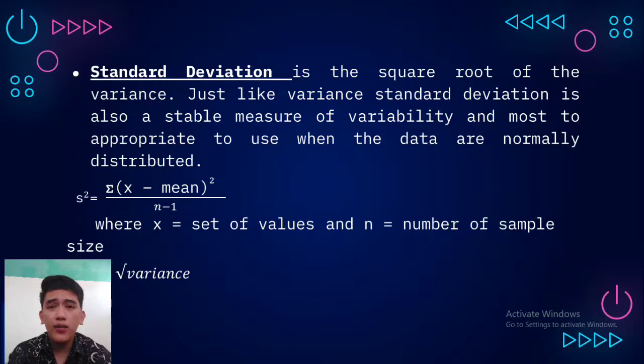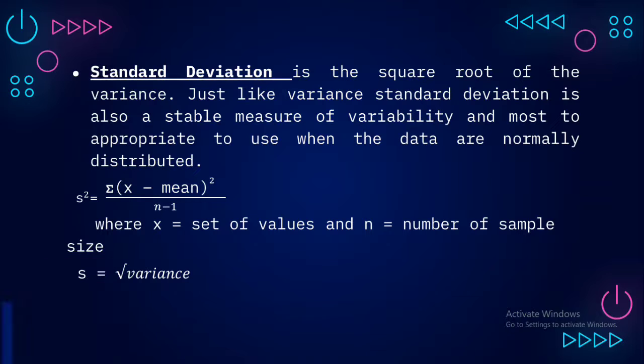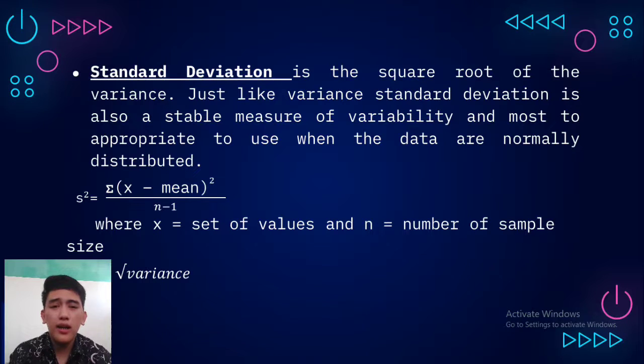The formula of variance is s squared is equal to the summation of the quantity x minus mean squared, all over n minus 1, where x is the set of values and n is the sample size. And to get the standard deviation, we just get the square root of the variance. Para maintindihan ninyo at maunawaan ng lubusan, we will have an example.